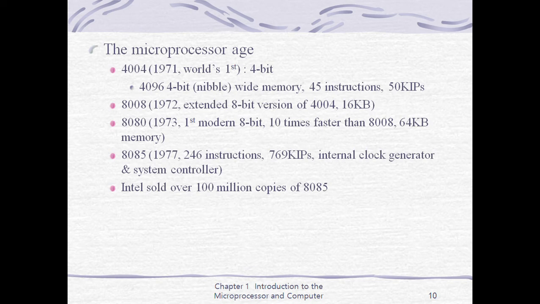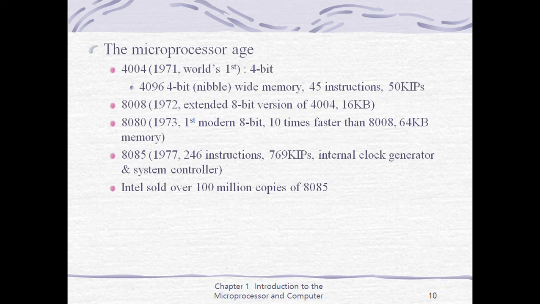Later on, in 1972, Intel introduced an extended version of 4004, the microprocessor 8008. It is an extended 8-bit version of 4004, and in addition, it could support 16 kilobytes of memory, while the microprocessor 4004 could support 2 kilobytes of memory. Then in 1973, Intel introduced the 8080 microprocessor.